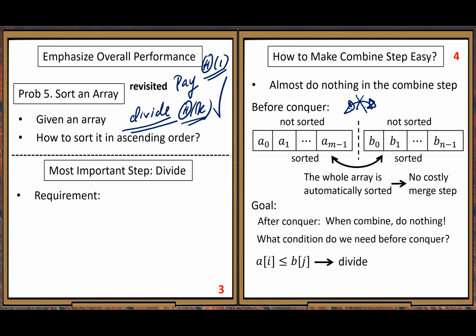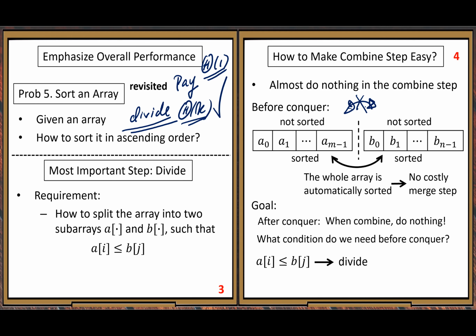The most important step, the divide step, for this new method. Requirement: how to split the array into two subarrays, an A subarray and a B subarray, such that A of I is less than or equal to B of J. Definitely, we do not require the A subarray and B subarray to be sorted at this point.